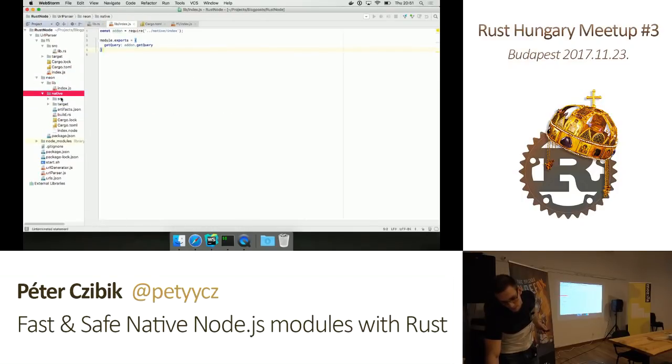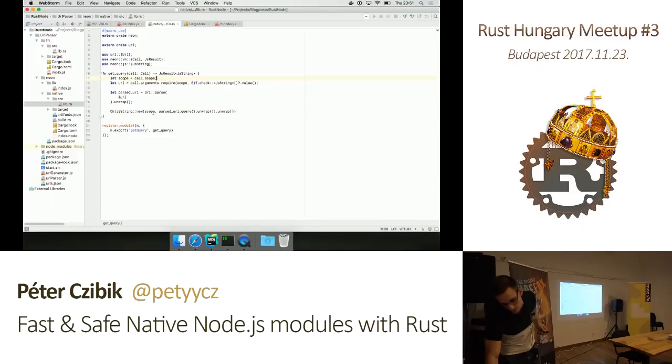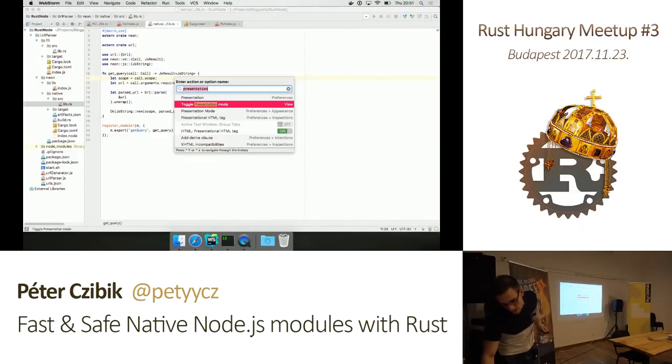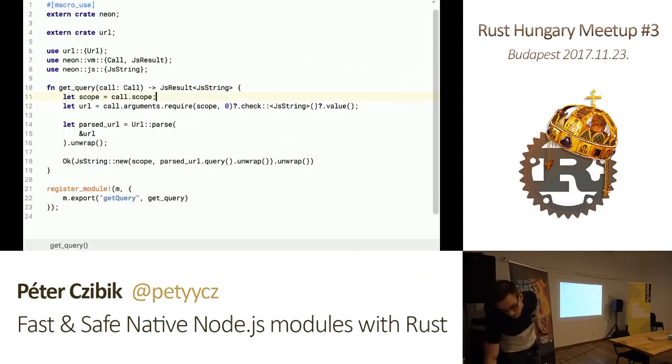If we look into the native folder over here, we have the source file, and instead of us having to do any kind of serialization, we can just use V8 types directly, and we can craft V8 JS strings.